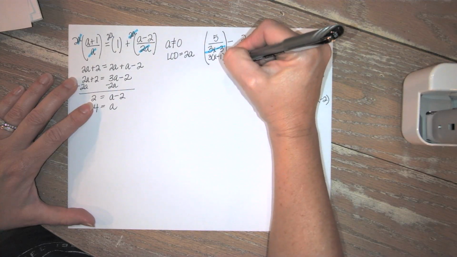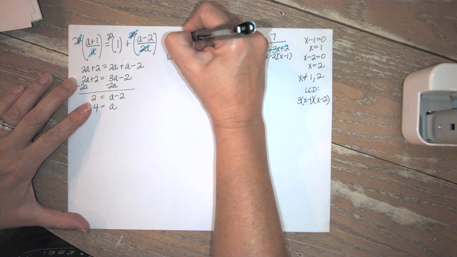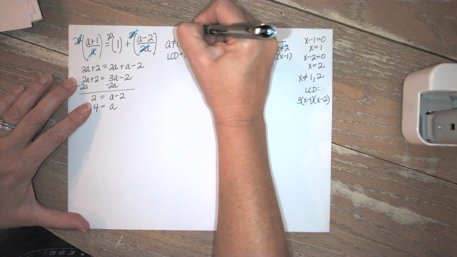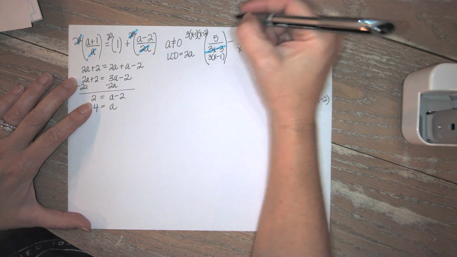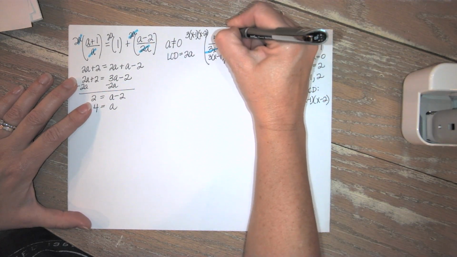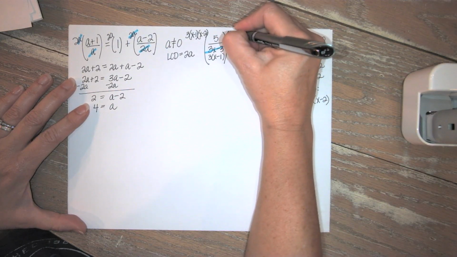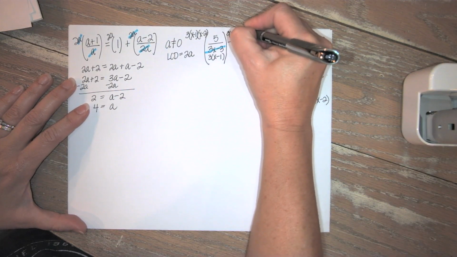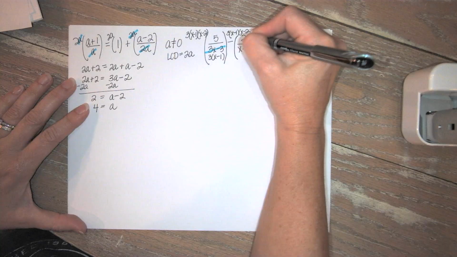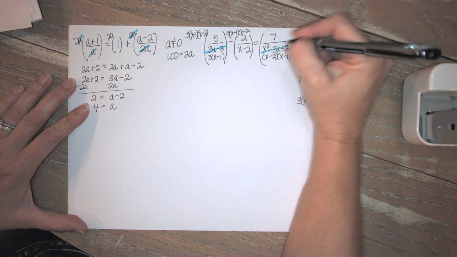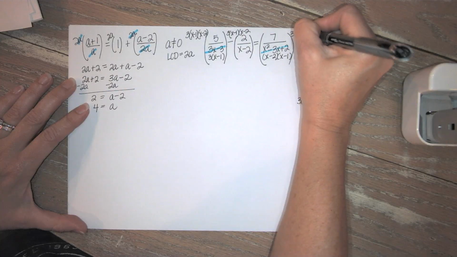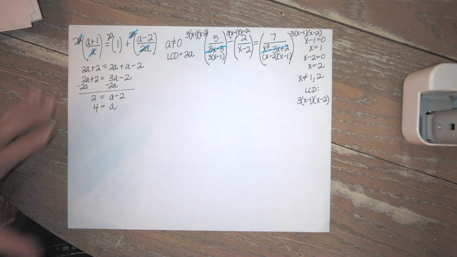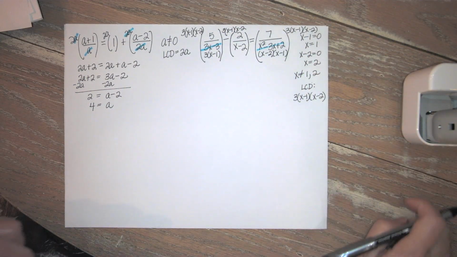So this one, I'm going to multiply it by 3 times x minus 1 times x minus 2. And the same thing here. Let me see if I can squeeze it in. 3 times x minus 1, x minus 2 times this one. And here, 3 times x minus 1 times x minus 2. Should have probably left a little more room.